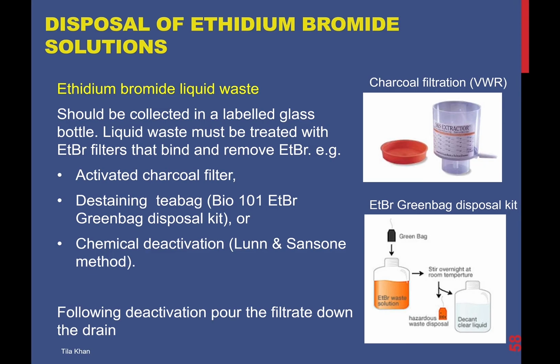And another conventional method is the chemical deactivation method, that is the Lunn and Sansone method. And following deactivation, you just pour the filtrate down the drain under copious amounts of water.